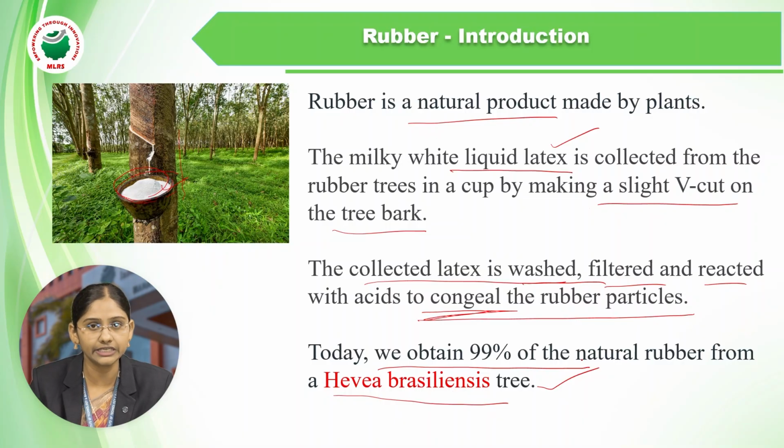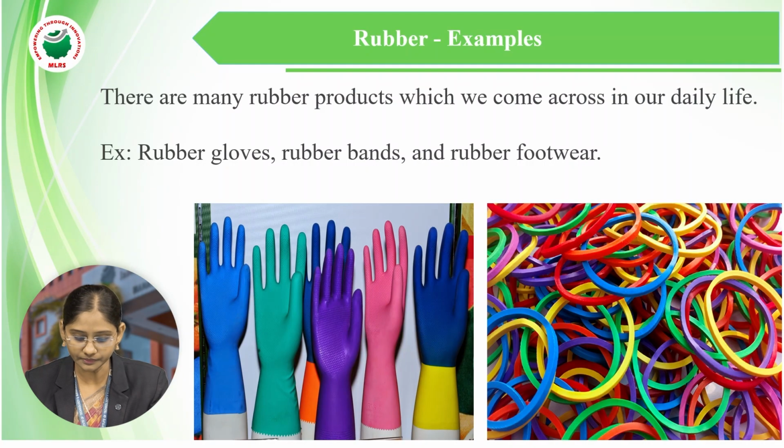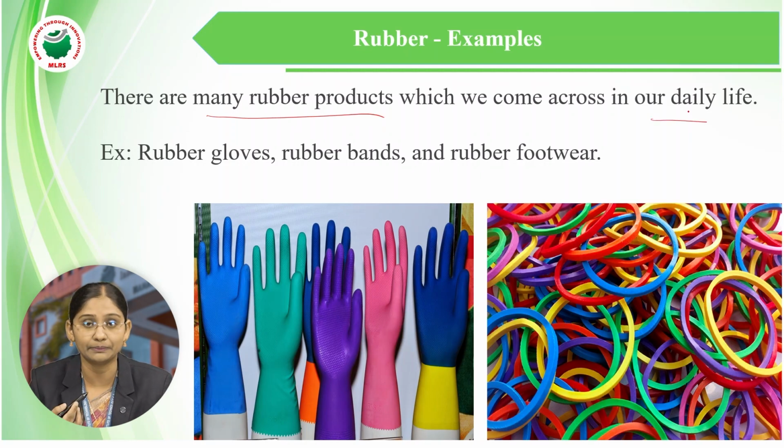There are many rubber products which we come across in our daily life, like rubber gloves, rubber bands, and rubber footwear. With a few modifications to get a more durable rubber, called vulcanized rubber, we prepare tires for vehicles.